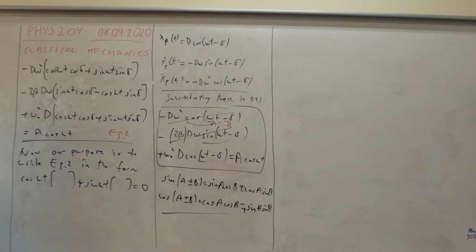If we manage to write this expression in a simple way, cos omega t times its coefficient plus sine omega t times its coefficient equal to 0.